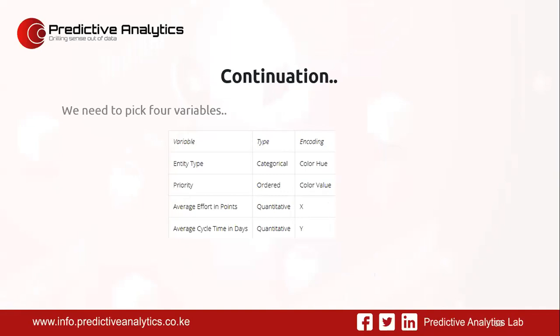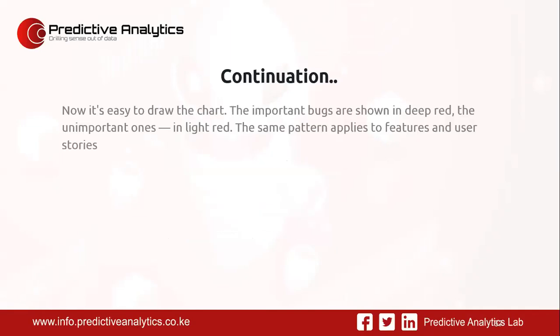For encoding variables, we use color hue for entity type, priority in color value, average effort we use X, and cycle time we use Y. Now it's easy to draw the chart. The important bugs are shown in deep red, the unimportant ones in light red. The same pattern applies to features and user stories.